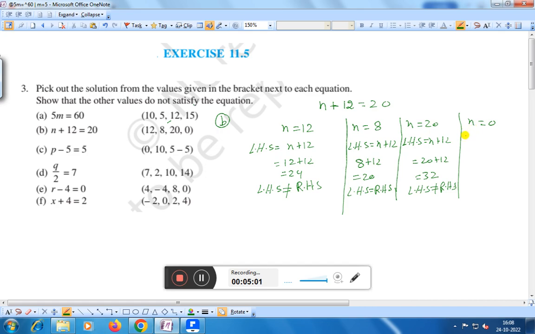In this case also n equal to 0, left hand side is n plus 12, that is 0 plus 12 is equal to 12. Therefore, left hand side is not equal to right hand side. Therefore, you can say that n equal to 8 is the solution of the equation.